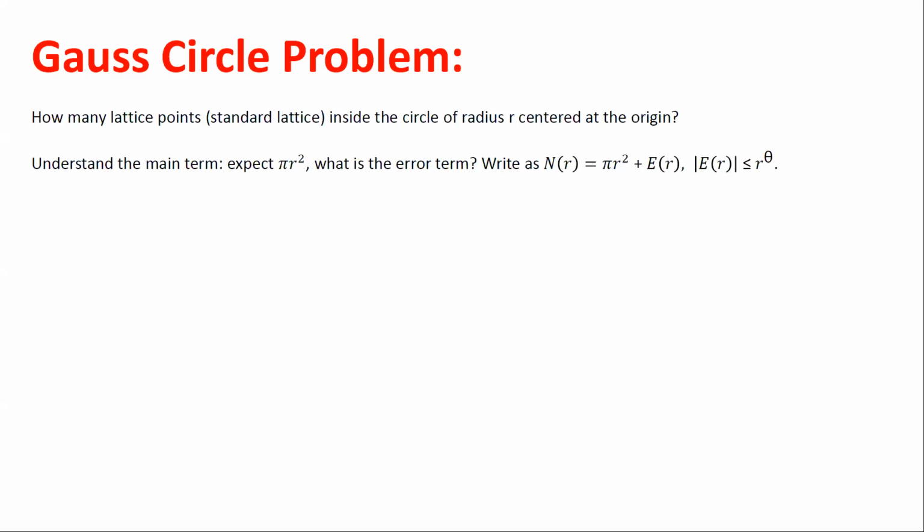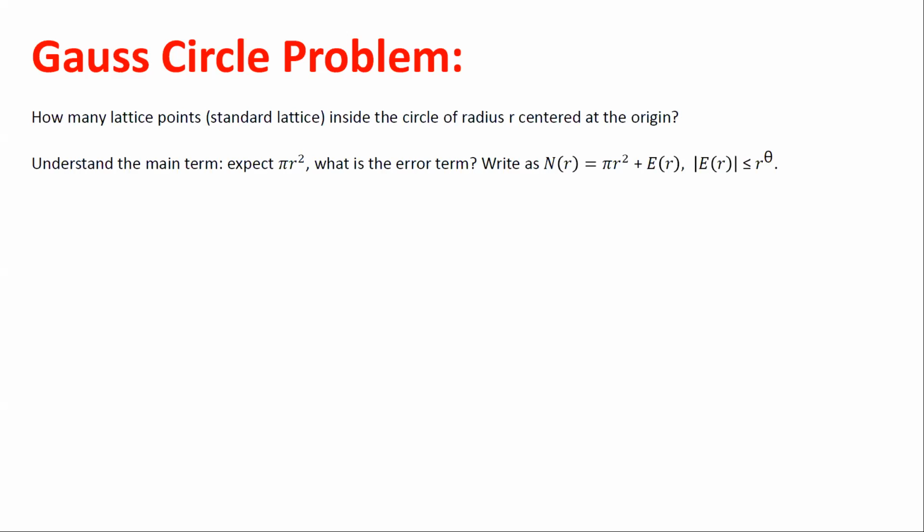So we had a conjecture that theta equals 1. We know the best theta can't be larger than 1, because we've already got errors of that size. Any other thoughts about how small we might be able to take theta?